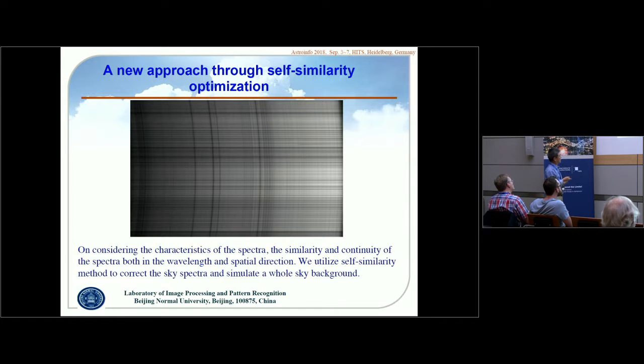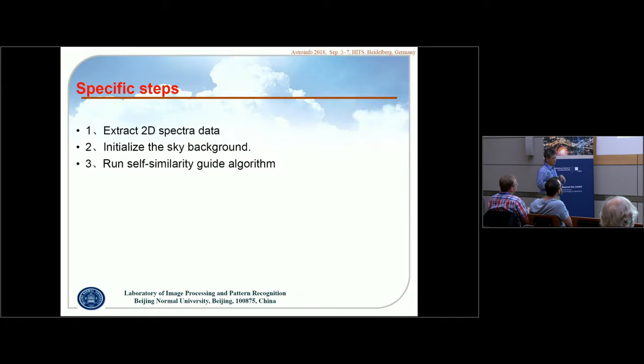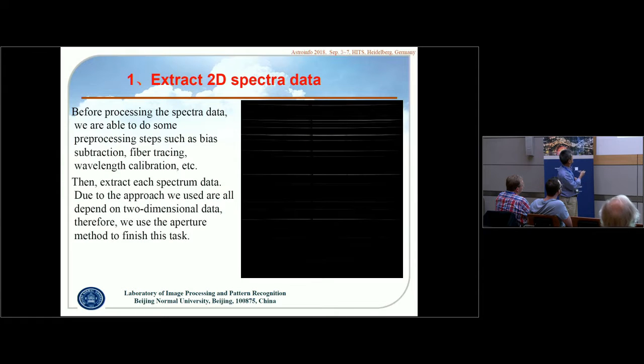Now we try to use some image processing methods. In this step, we extract the 2D spectrum and, inside the sky background, run a self-similarity guidance algorithm.